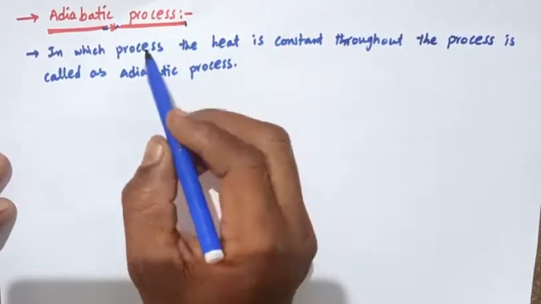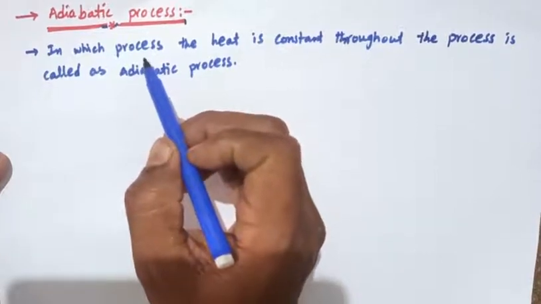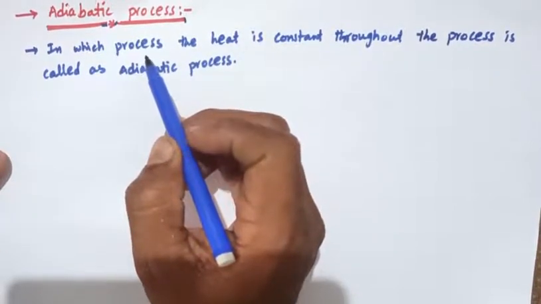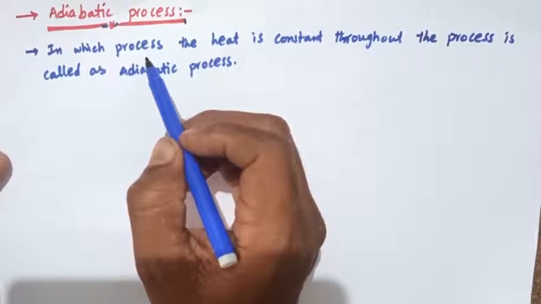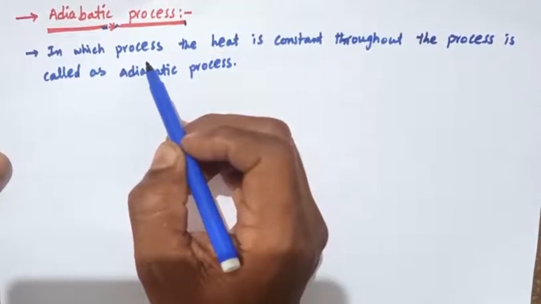In this adiabatic process, the remaining parameters like pressure, volume and temperature, and internal energy can change.